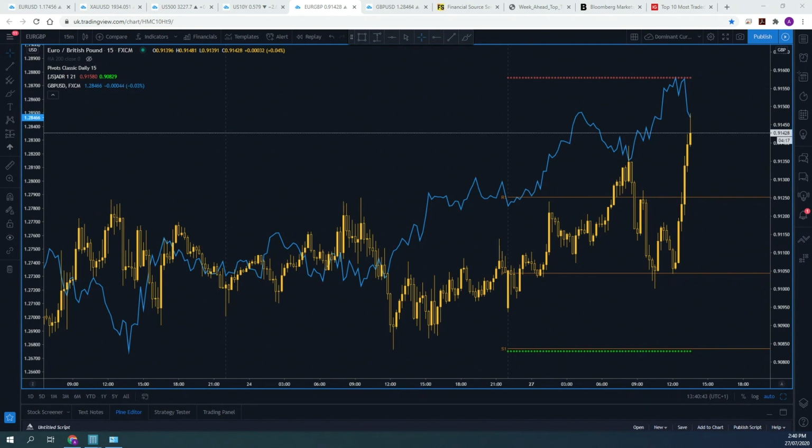But it's not something that would necessarily be the only trigger to trade something like the euro pound, for example.